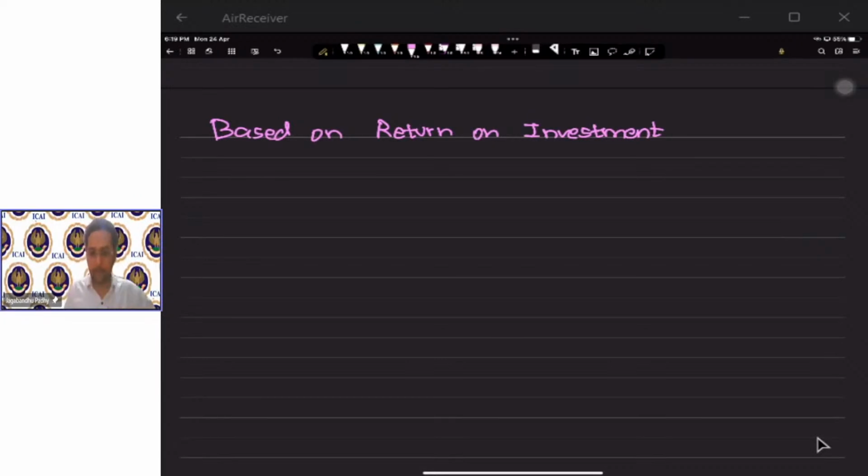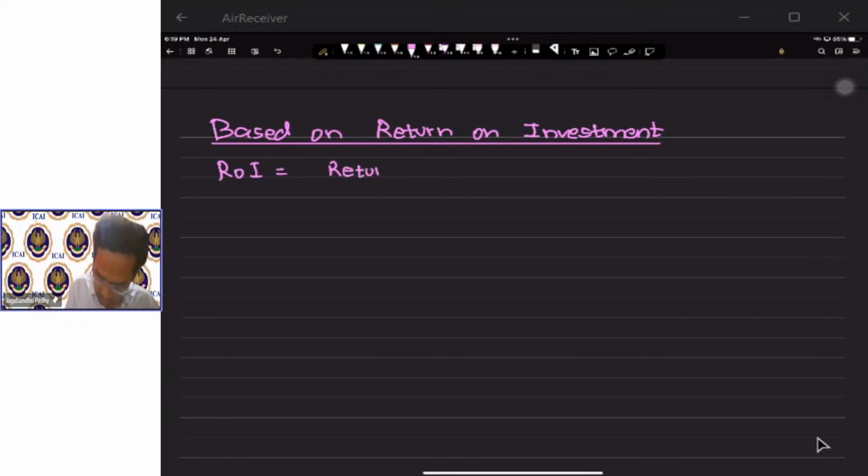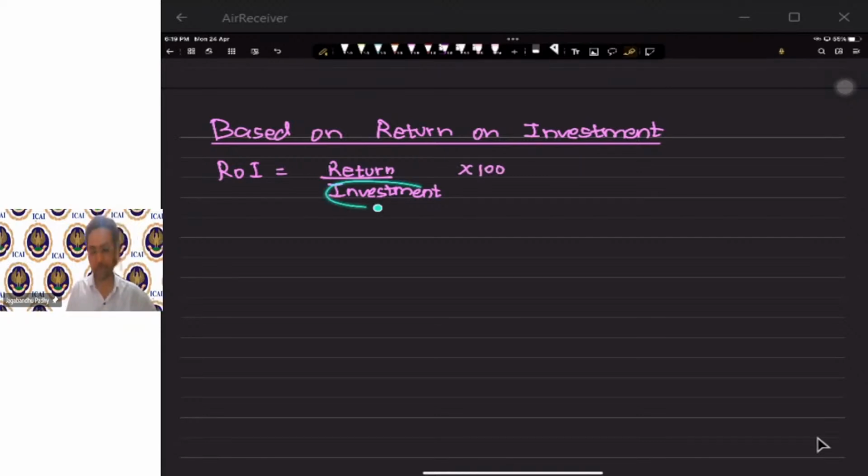To compute it, whatever amount you have invested goes into the denominator, and whatever income you earn from that is your return. So this is the simple fundamental return on investment.